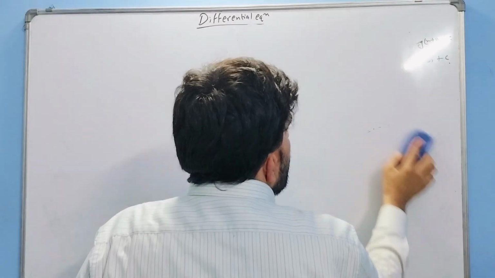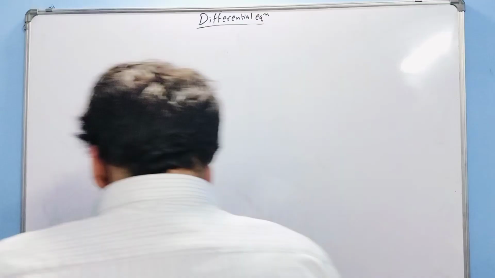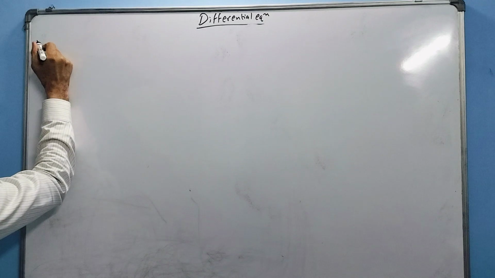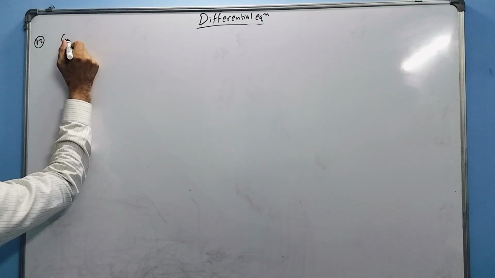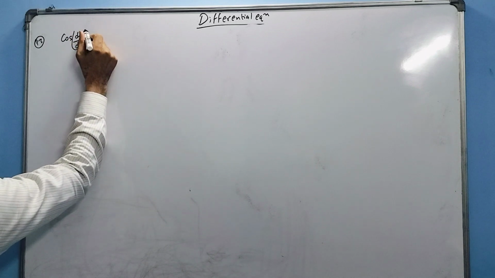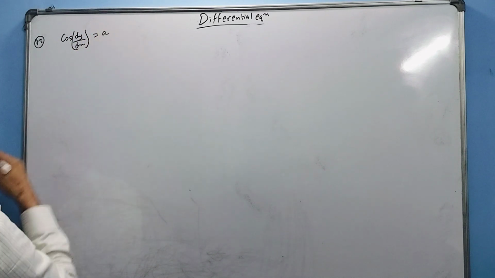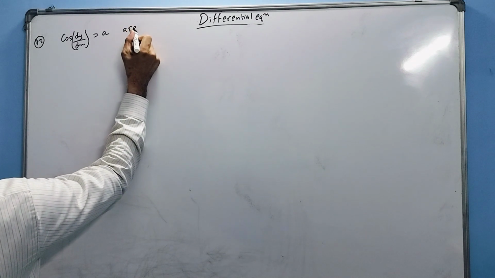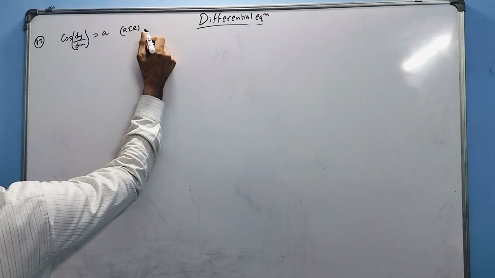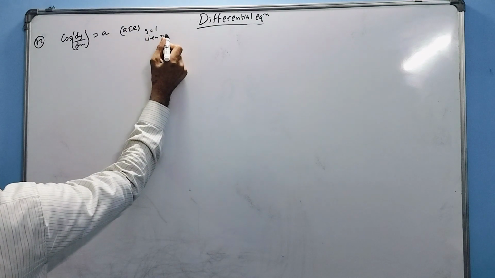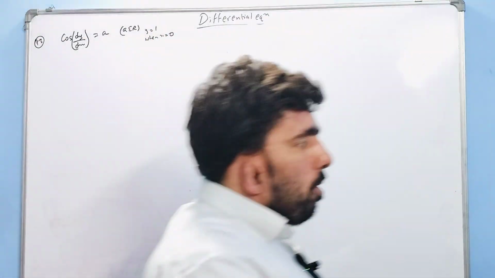The question is cos(dy/dx) = a, where a belongs to real numbers, and y is equal to 1 when x is equal to 0. Let us try to solve this question.